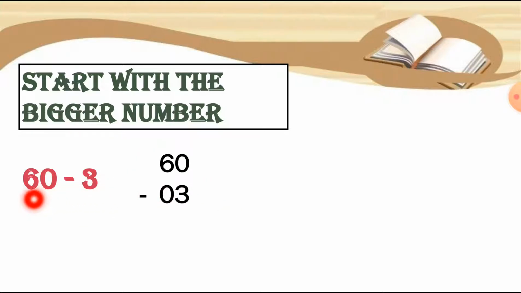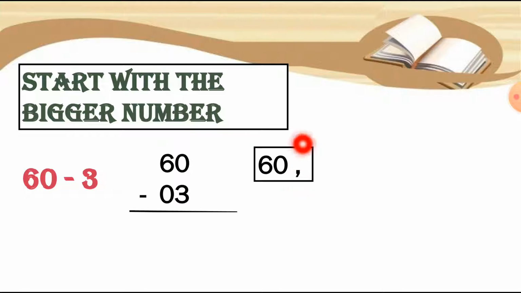This way, 60 minus 3. 3 is a single digit, so we put it at the ones place, and at the tens place we put 0. So you can easily understand this. Now we have to start with the number 60. Here is 60, and we have to move back 3 steps.